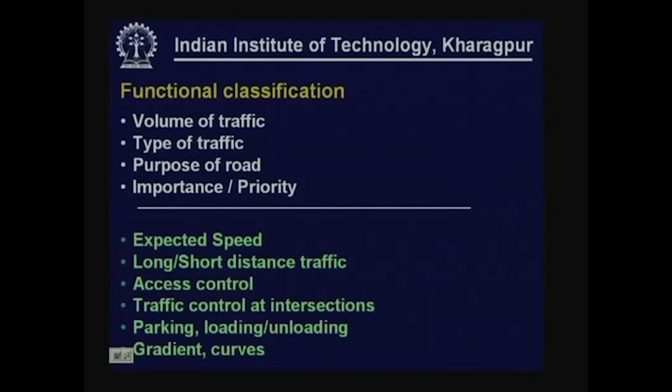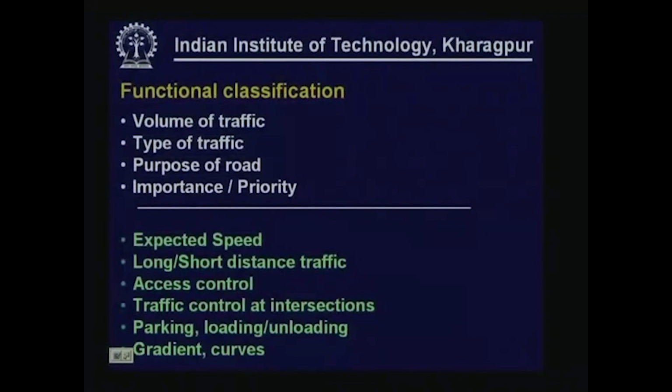While for some roads we can find maybe the commercial traffic is predominant, whereas for some other roads maybe it is mostly cars in the residential area. So, obviously, the traffic type as well as the mix of traffic is different for different roads.